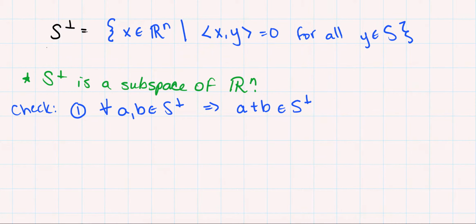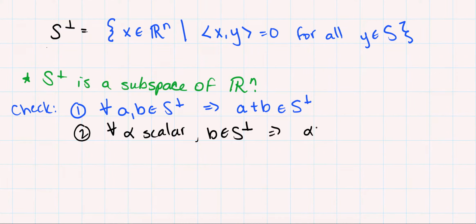The second thing we need to check is that for all scalars alpha and any vector, I'm going to just call it b, in your S perp, you get alpha times b is also in S perp. Check these two things. If they both hold, then you have a subspace. So let's go with the first one.